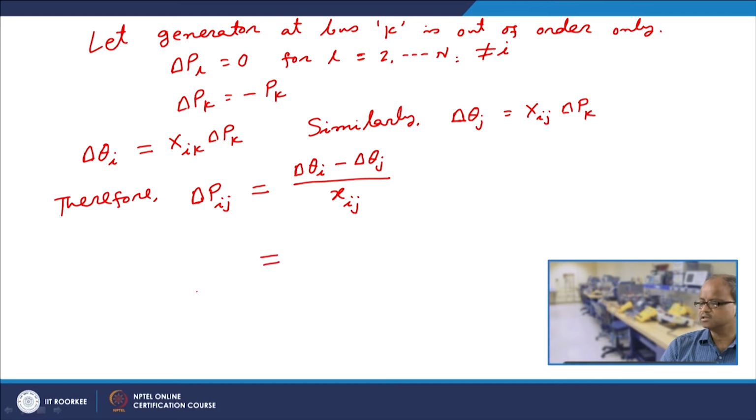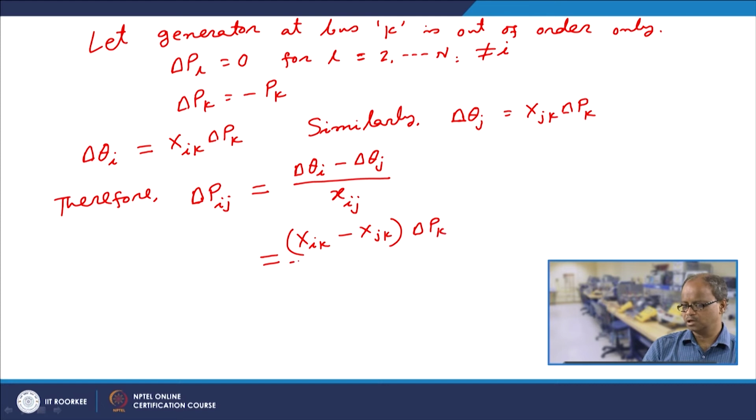So, this is equal to X I k minus X j k, into delta P k by x ij.